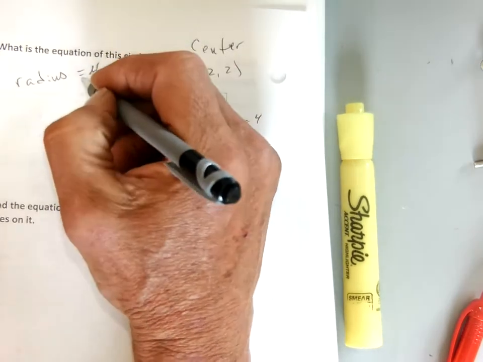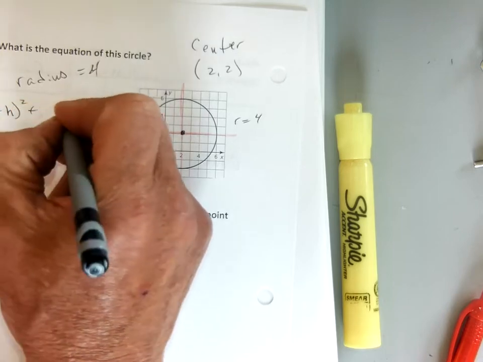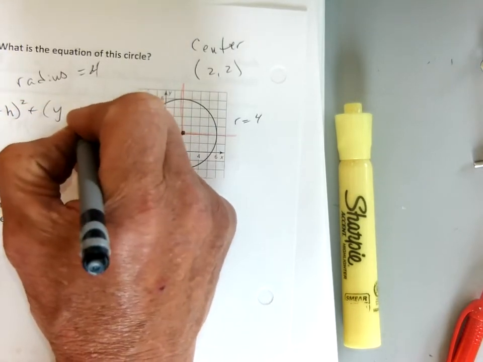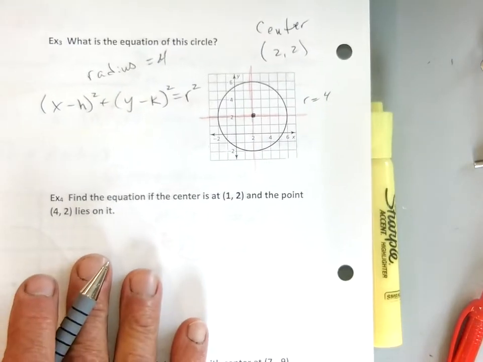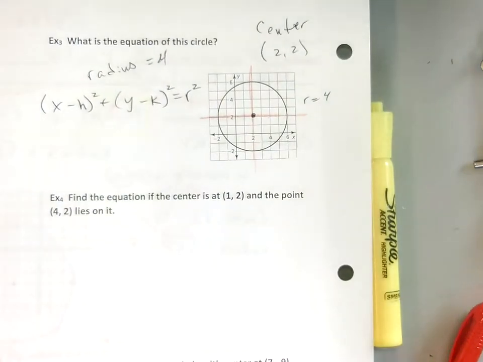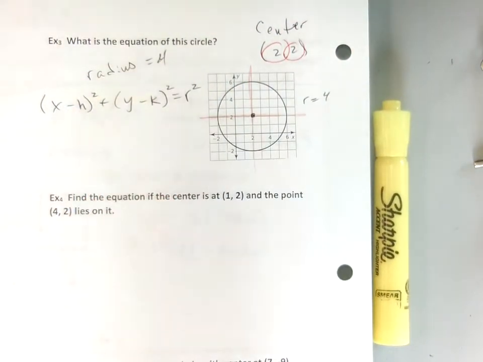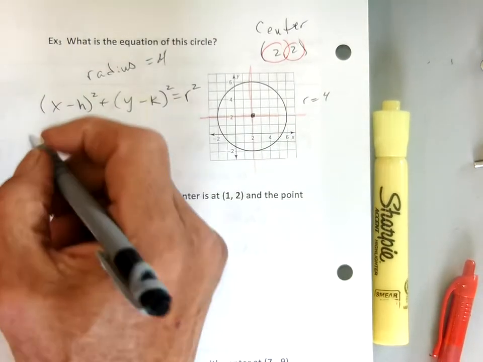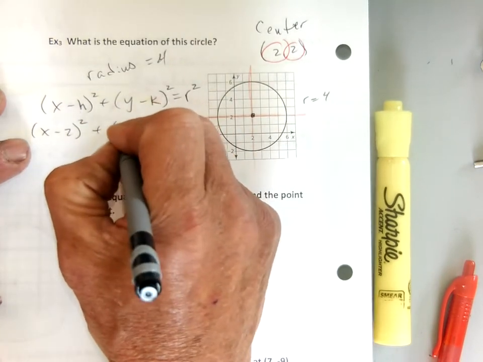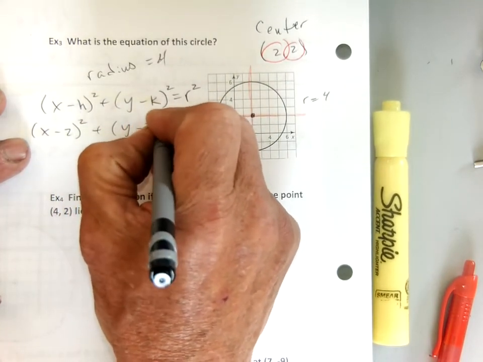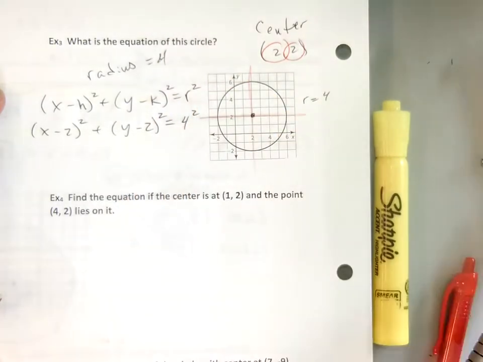So if I want the equation, I'll start off with my x minus h quantity squared plus my y minus k quantity squared equals r squared, right? And like Giselle said, I'll put the 2 and 2 here. So I'm going to rewrite this as x minus 2 quantity squared plus y minus 2 quantity squared equals 4 squared.